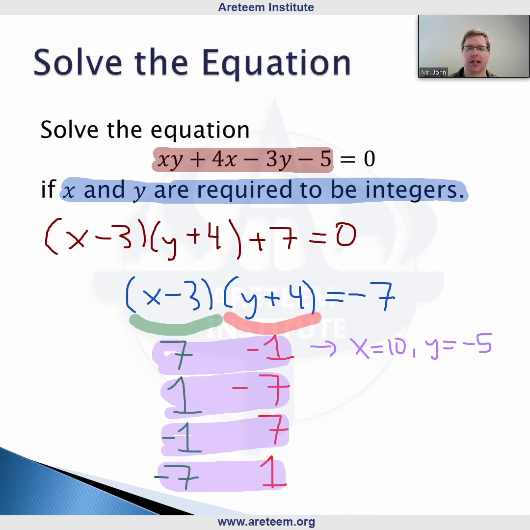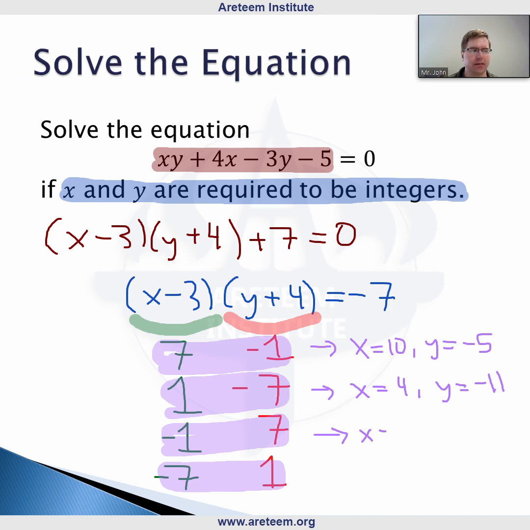So this is one solution we have here. Is it the only solution? No, because we can keep doing this. If x minus 3 is 1, then x is equal to 4. So we're adding 3 to the x there. Subtracting 4 from the y, we get y equals negative 11 in that case.